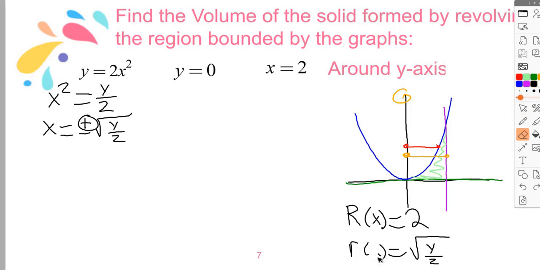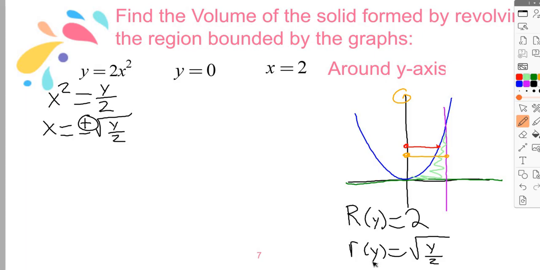Because again, remember that these are distances that are going left and right now, so they are in terms of going towards the y-axis. So from the y-axis to my function is just given to me by the square root part.